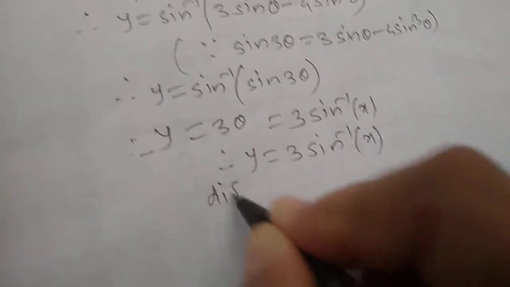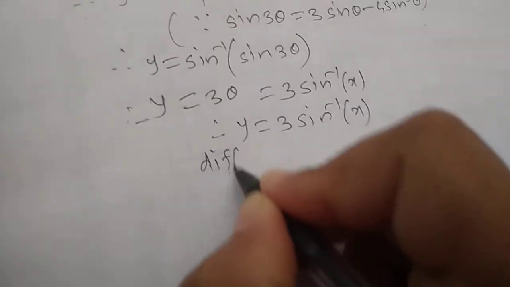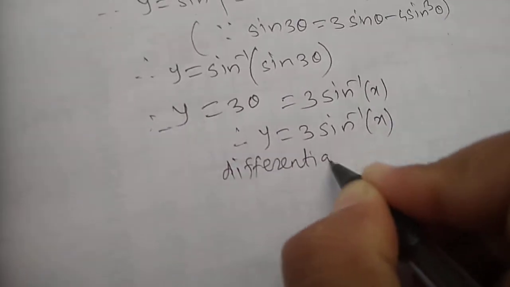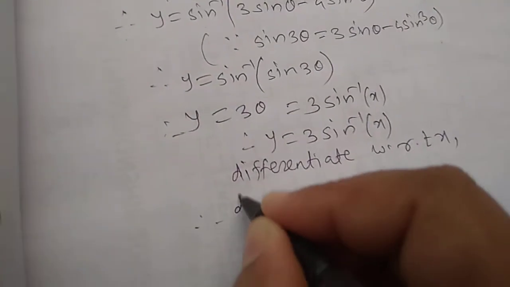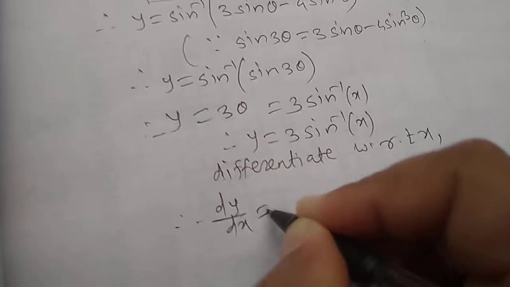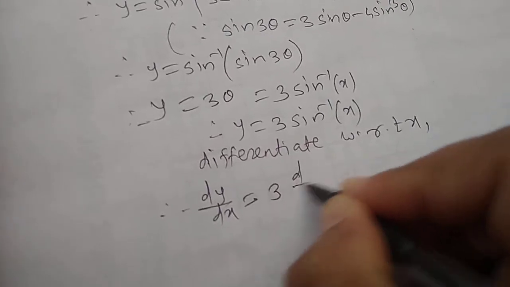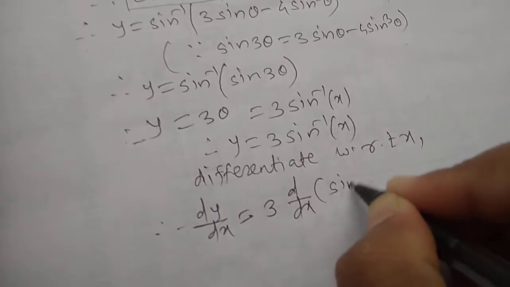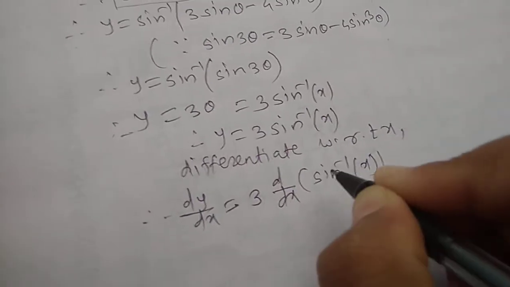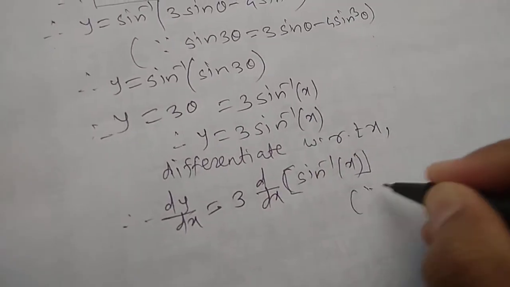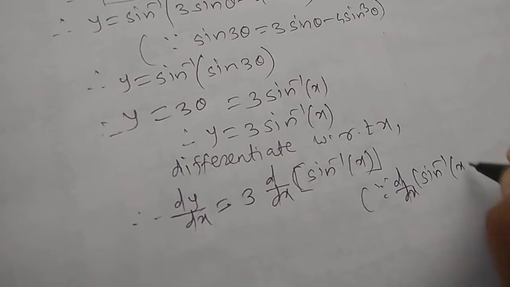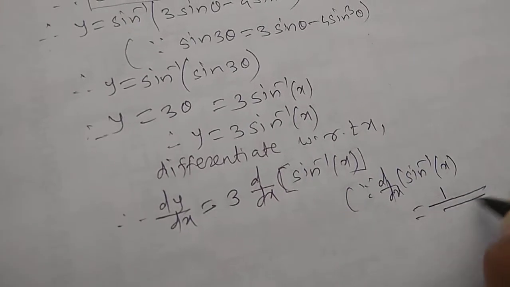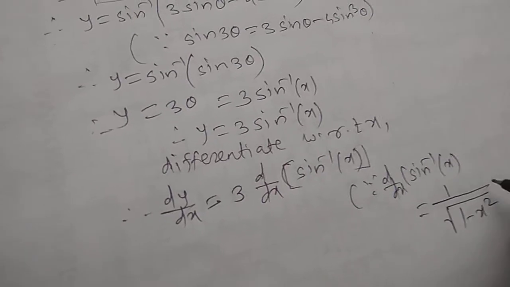Now y is a function which is in variable x, therefore differentiate y with respect to x, and therefore dy by dx is equal to 3 is a constant, therefore 3 d by dx of sine inverse of x. But already we have formula d by dx of sine inverse of x, that is 1 upon root 1 minus x square.